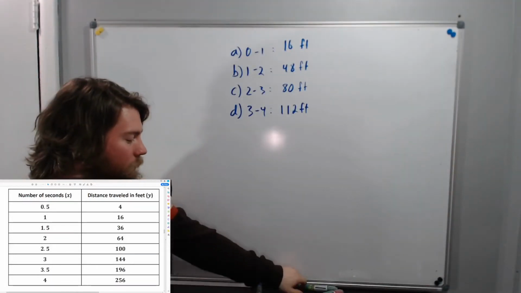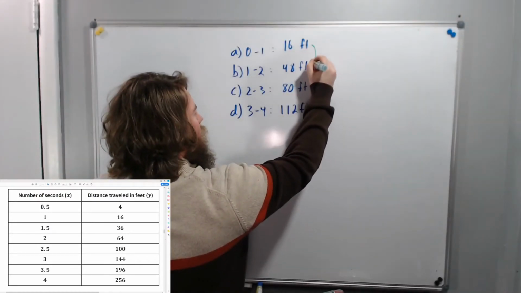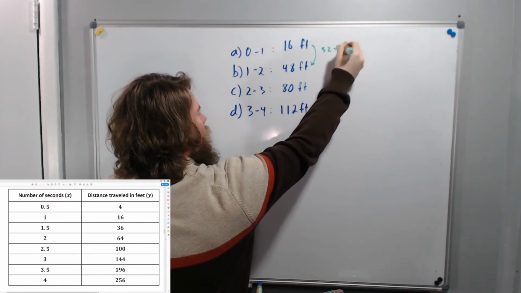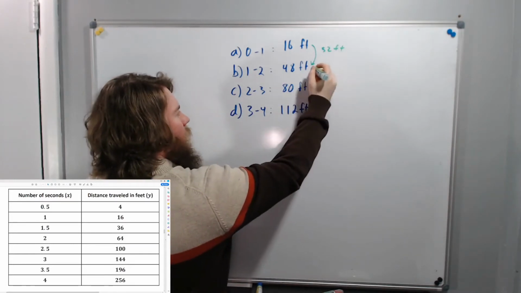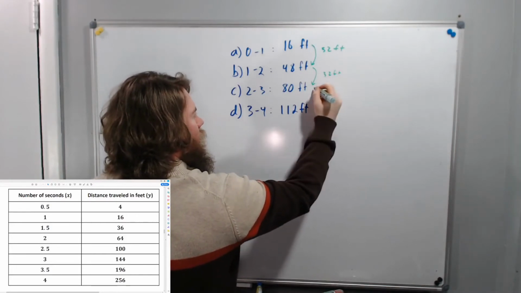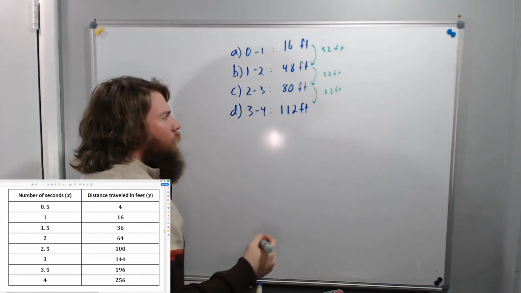Maybe some of you noticed that from 16 feet to 48 feet, that was an extra 32 feet. But from 48 to 80, that was another extra 32 feet. And then finally from 80 to 112, that was again 32 feet.